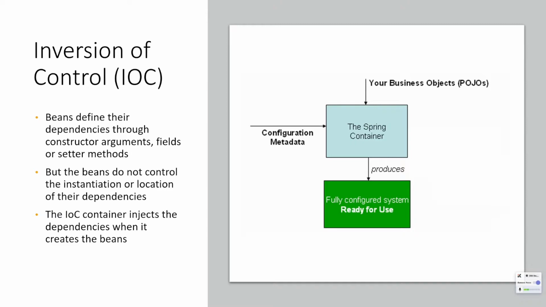And beans define dependencies through constructor arguments, fields, or setter methods. You don't have to instantiate the beans by yourself. This is done by the Spring container. So it checks the metadata that you configure, usually these days with annotations, and then creates the beans for you. It also injects the dependencies into the beans, so that's why it's called inversion of control.